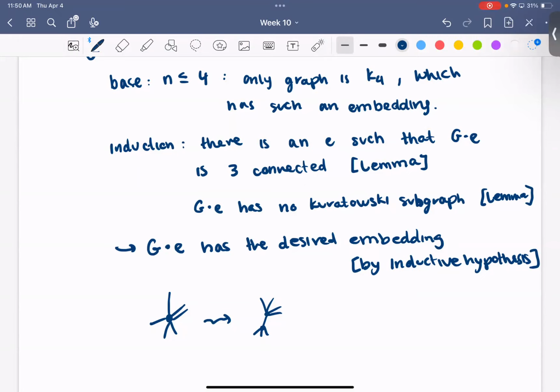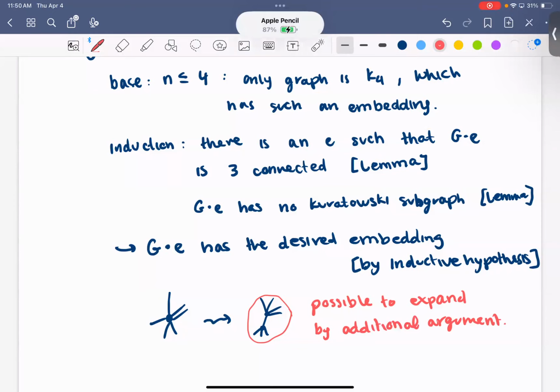So there's an argument to show that when you expand it, it expands nicely. So it's possible to expand by an additional argument. Okay, so that's the proof sketch.